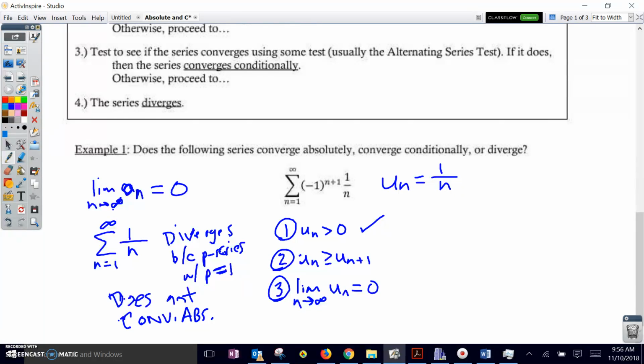Yes. Is u sub n greater than or equal to u sub n plus 1 for all n greater than some value? Yes. 1/2 is greater than 1/3, 1/3 is greater than 1/4, etc. Does the limit as n goes to infinity of u sub n equal 0? Yes. So therefore, this alternating series converges, but we've already shown that it does not converge absolutely. Therefore, this series converges conditionally.